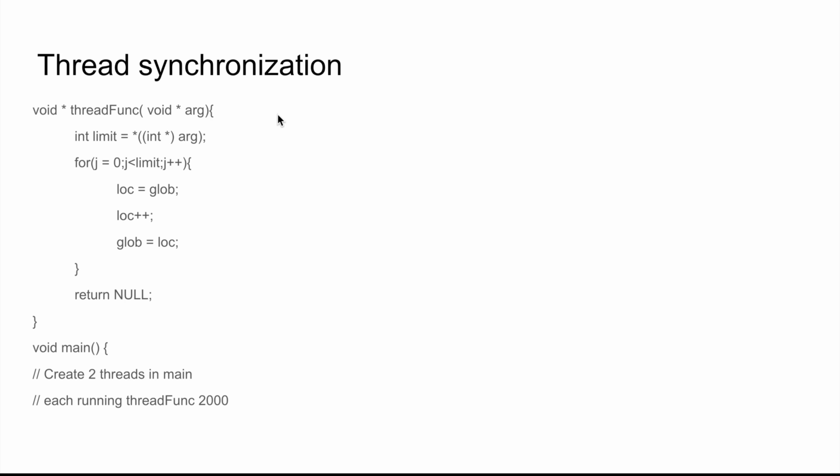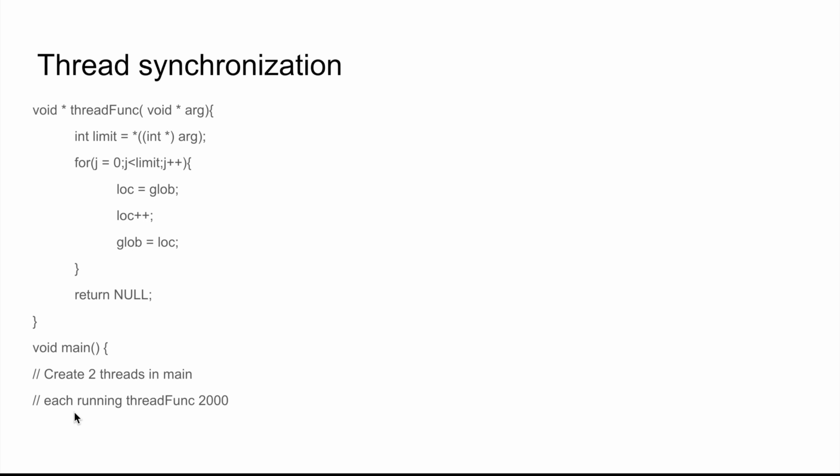To help you understand synchronization better, I have written a small thread function here which runs a loop and tries to update a global variable by taking a local copy on the stack, incrementing the local copy and writing it back to the global variable.